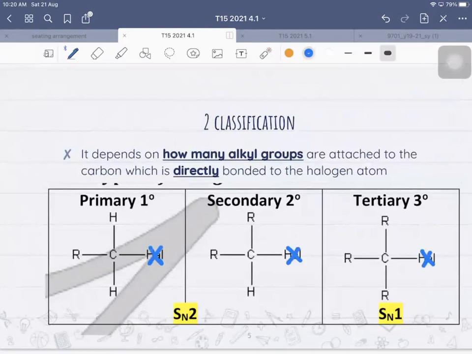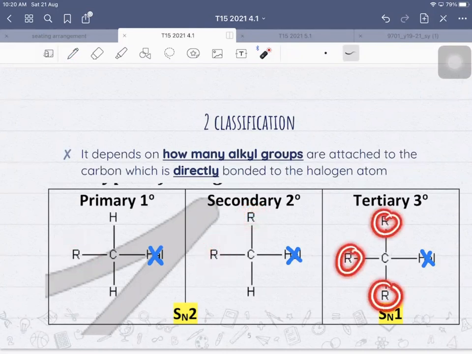What I want to show you is that R here represents an alkyl group. So 1 alkyl group is primary, 2 alkyl groups is secondary, and 3 alkyl groups is tertiary. R, R1, R2, R3 are representations of your alkyl group.